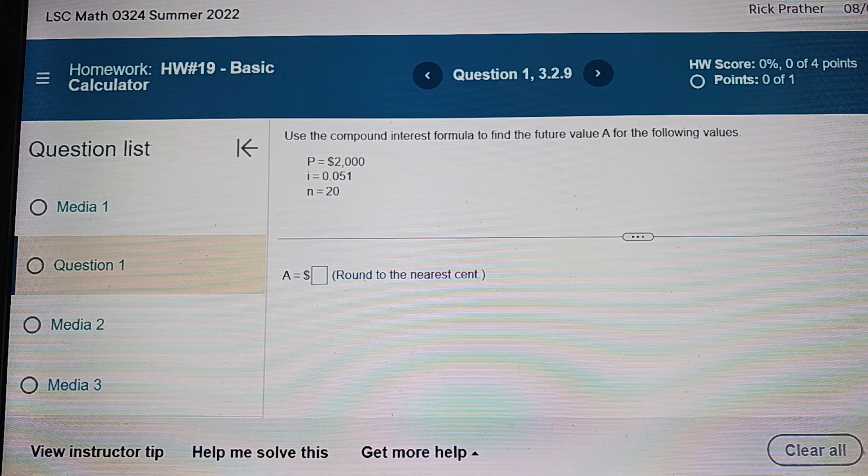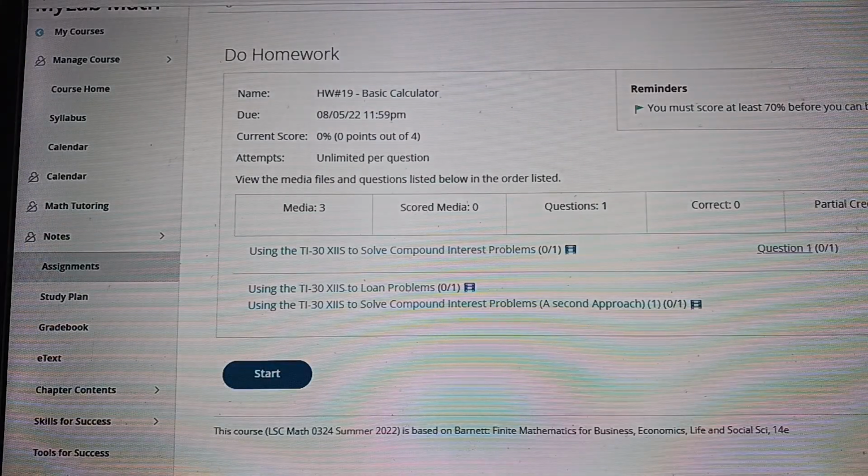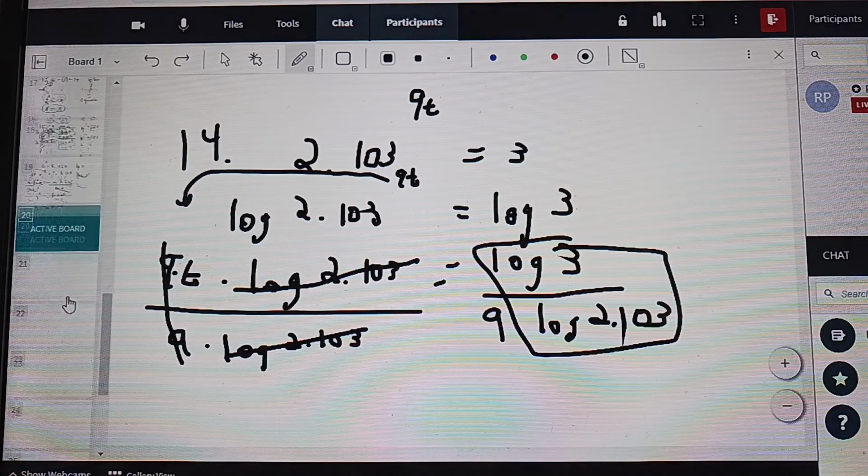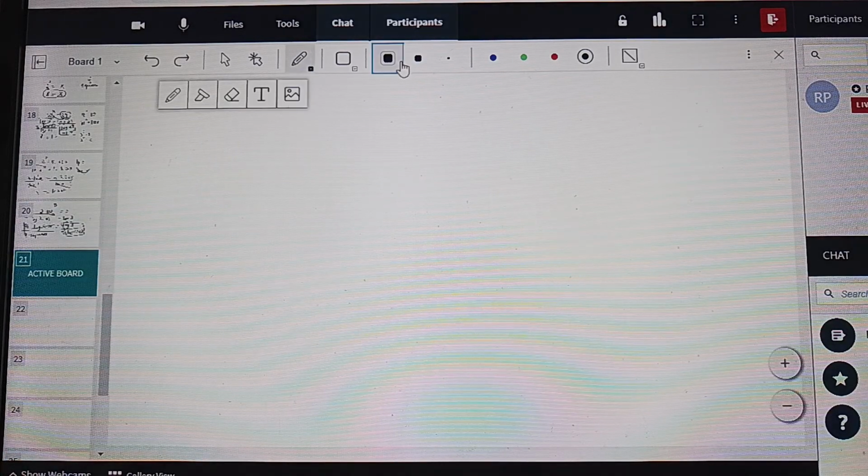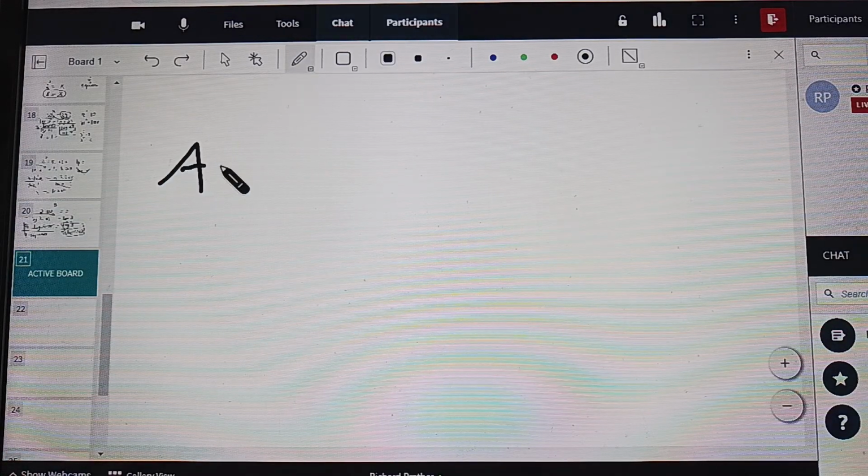Okay, so this formula, there's 2 versions of it. This is how you put money in a bank and how it grows. A stands for the future value. And then P is the present value.